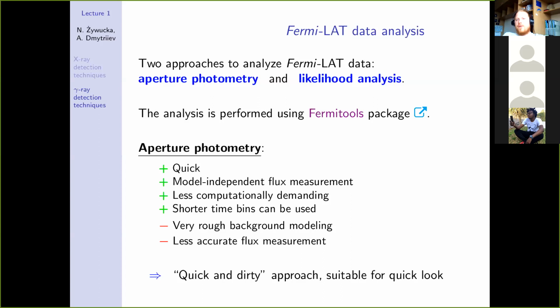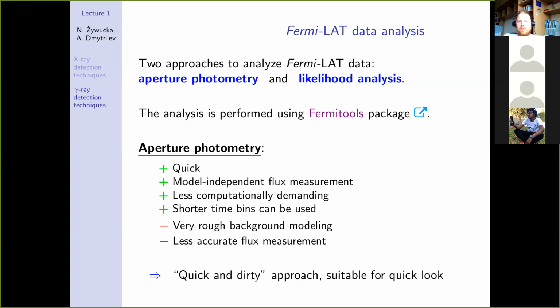But it has two very severe drawbacks. First, it provides very rough background modeling because you're relying on counting photons only. You're not developing any models of background, you're simply counting background photons. And if you have very poor statistics, you have very imprecise background measurements.